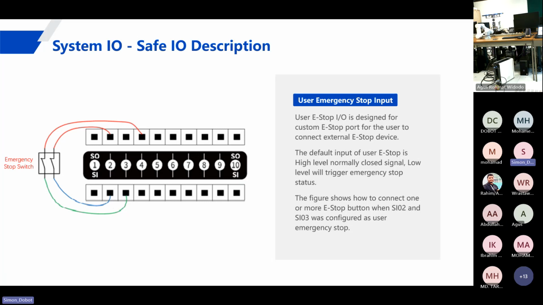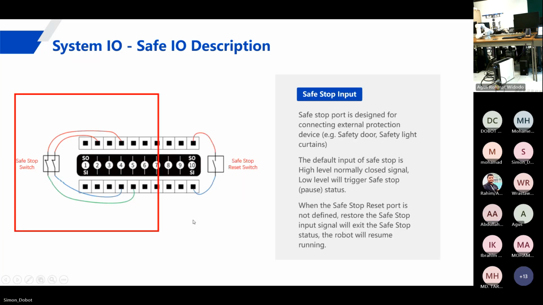For all the safety system, we need to use a backup, like two lines in parallel to supply. Make sure that if the signal power of either one is cut, it will trigger the safety stop. This one is a safe stop input.